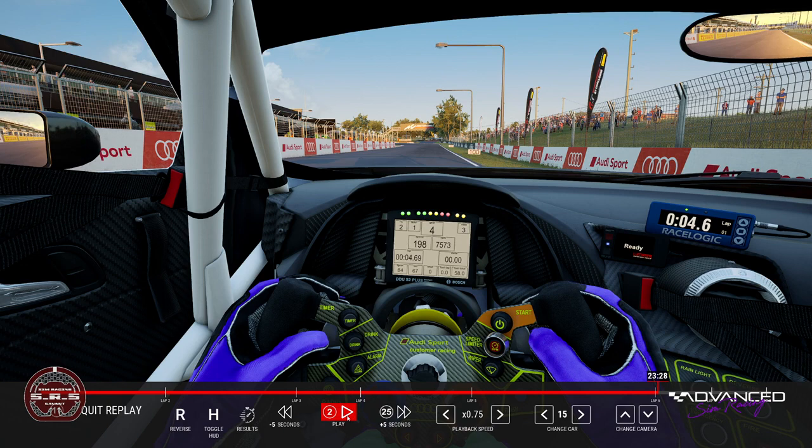I need to be more accurate. But you haven't actually identified what went wrong in the corner. Was I stuck at the apex on entry, for example? Could I not carry the speed out of the corner that I wanted to because I had an apex in my way, i.e., I would cut the corner, or did the car not quite get to the apex as I wanted it to?